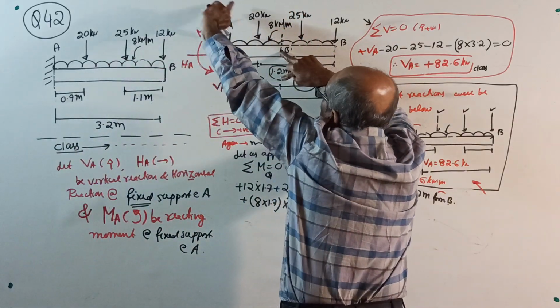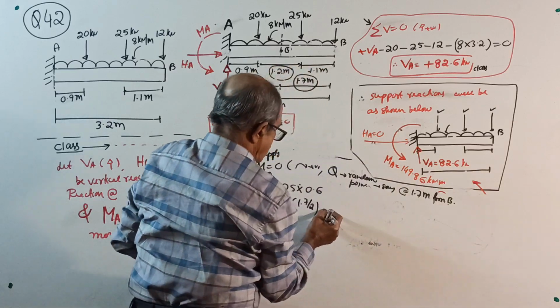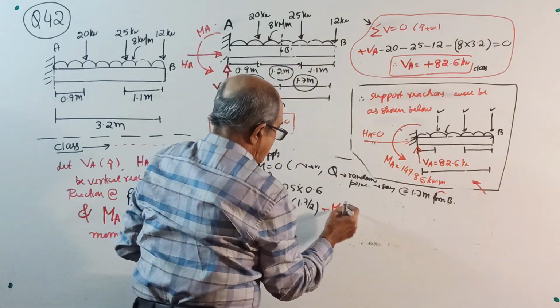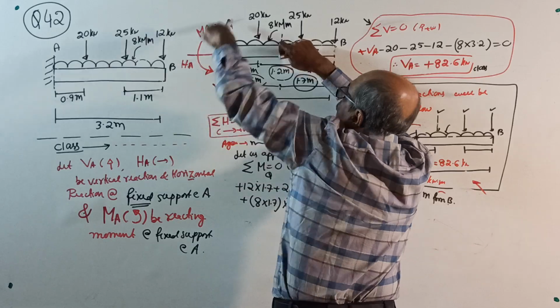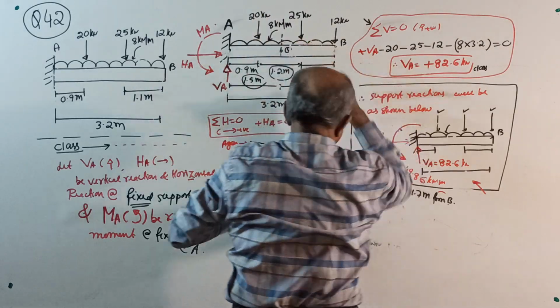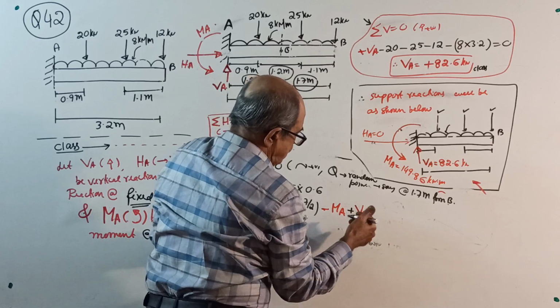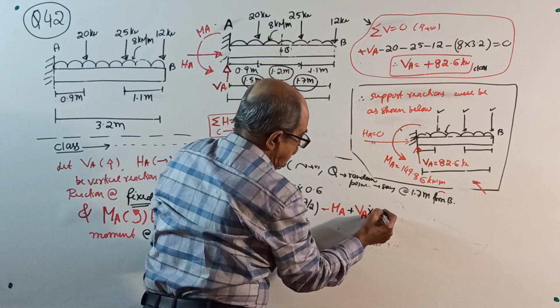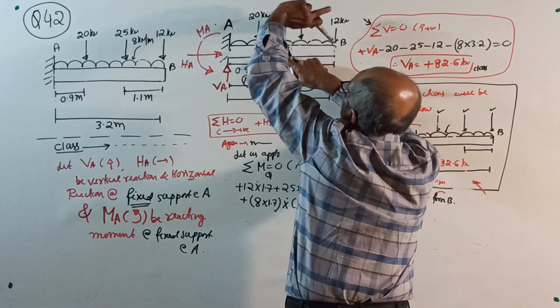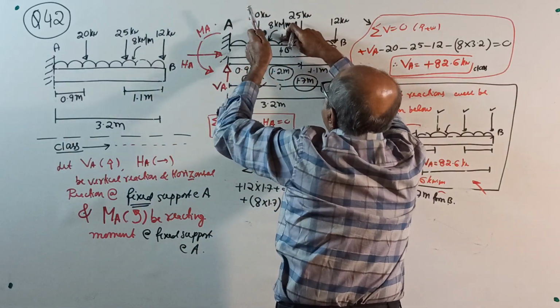Start from here. Minus MA. Then plus VA into 1.5. Then minus 20 into this distance.